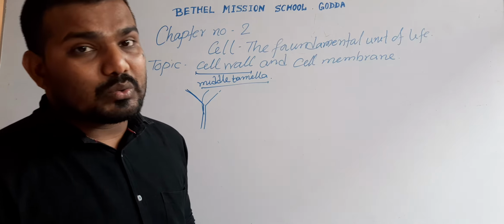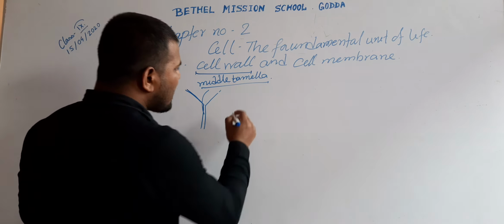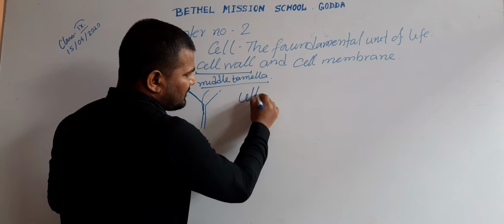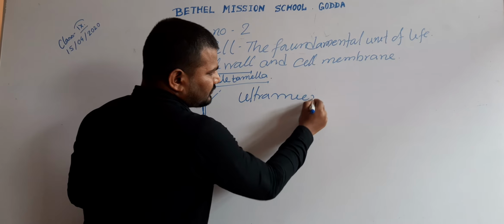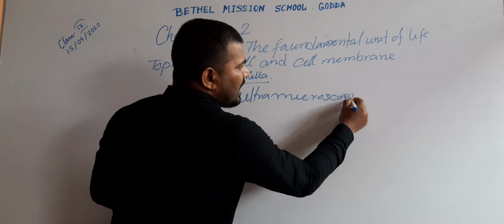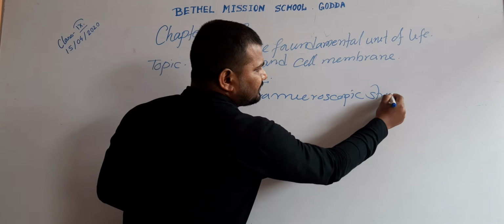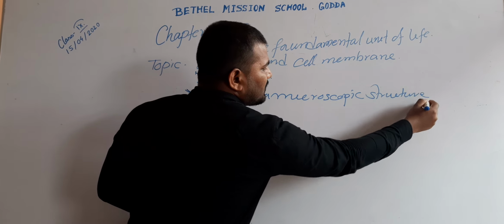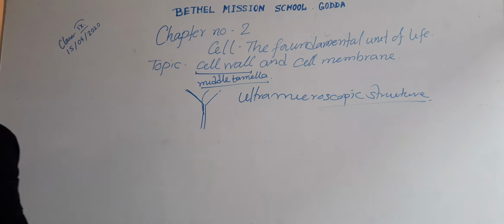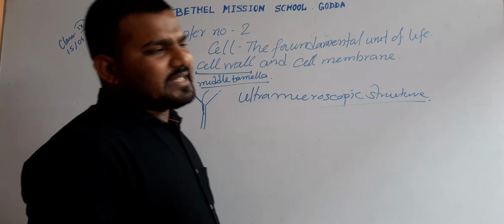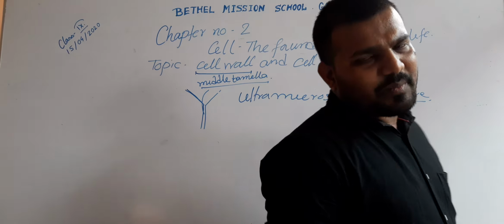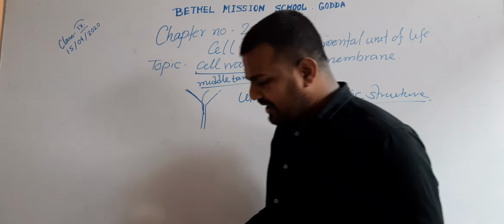Now we are going to discuss the ultramicroscopic structure of cell wall. When the cell wall is studied under the electron microscope, we can find different things.